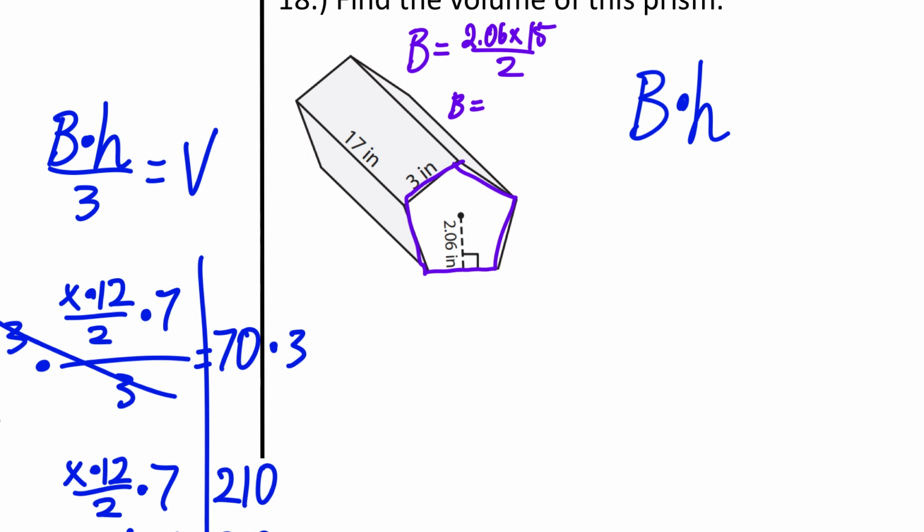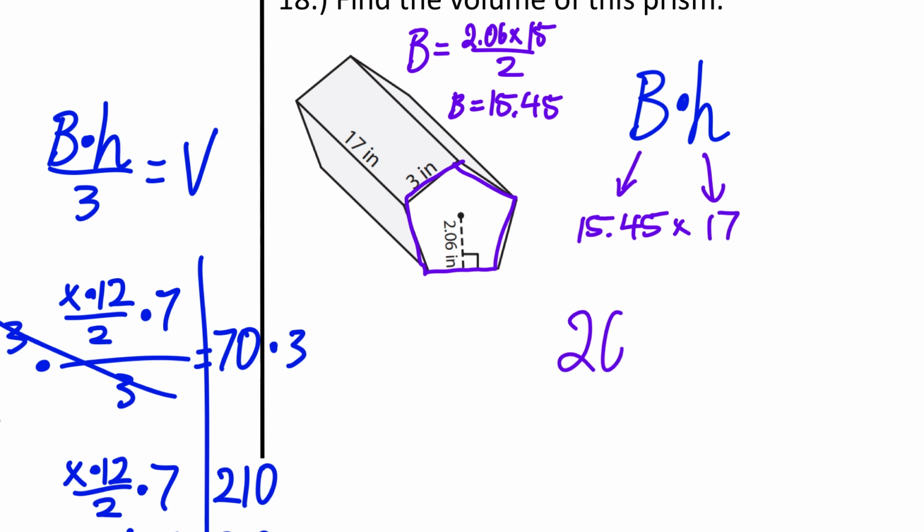So 2.06 times 15 divided by 2 will be 15.45. So 15.45 times the height of 17 is 262.65.